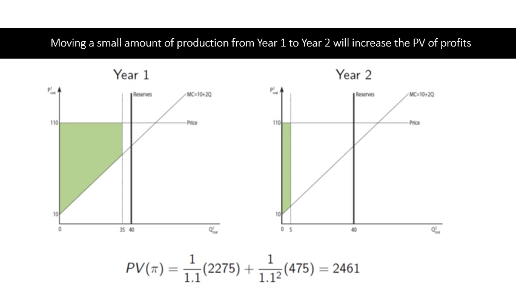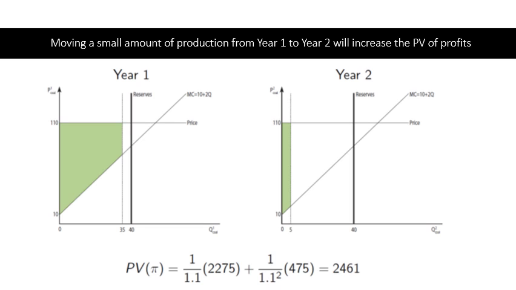What if we move a small amount of production from year 1 to year 2? This will increase the present value of profit. So let's see what our total profits are in this case. Now we have a small amount of production moved from year 1 to year 2.